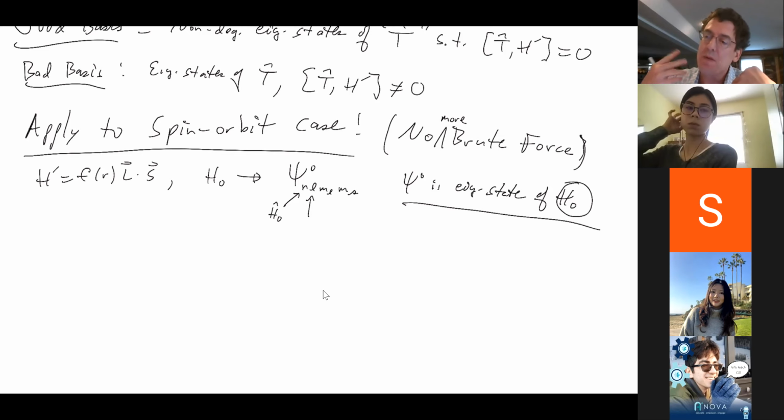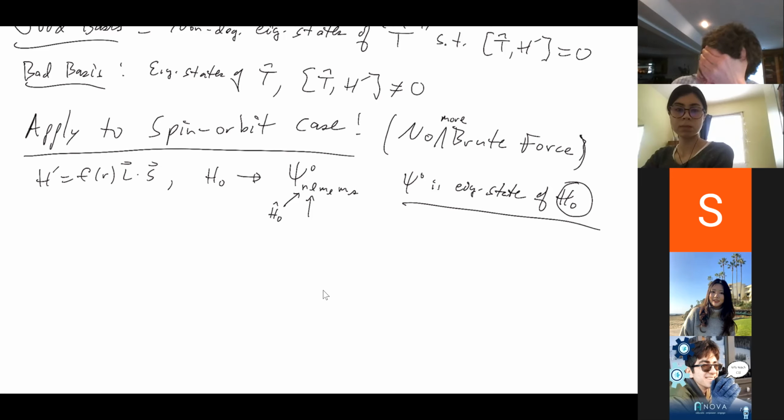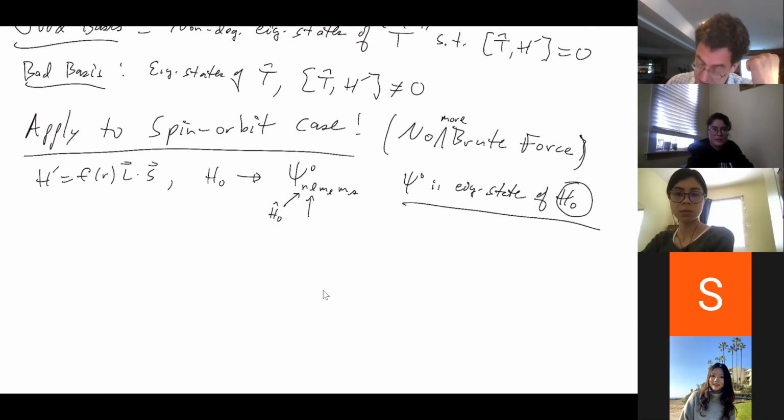L is the quantum number that denotes the eigenvalue of what? Angular momentum. That's correct, but be more specific. The L operator. That's correct, but still not specific enough.